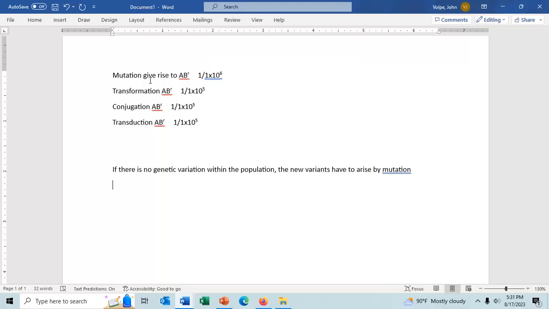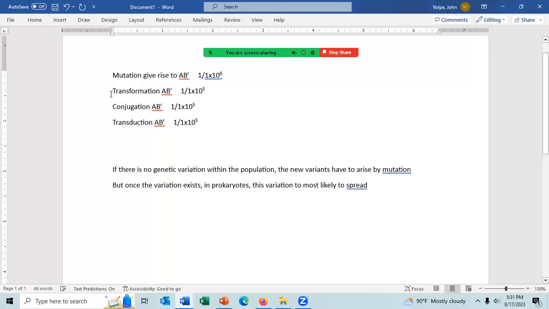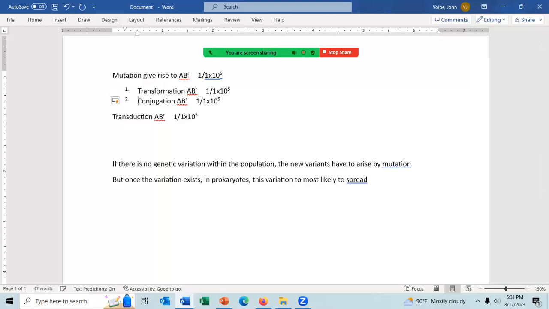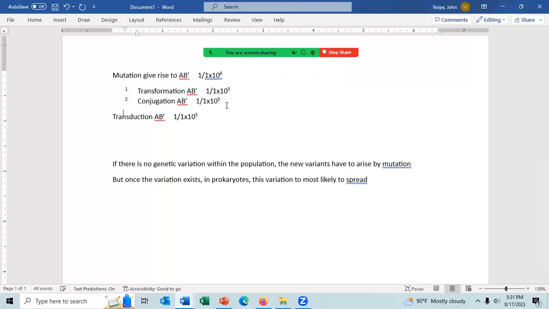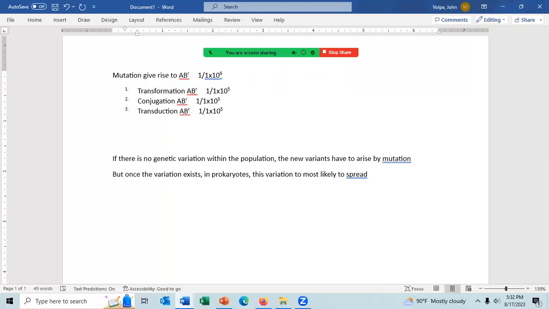But once that variation exists, in prokaryotes, we're talking about, this variation is most likely to spread by one of these three mechanisms, either by transformation, conjugation, or transduction.